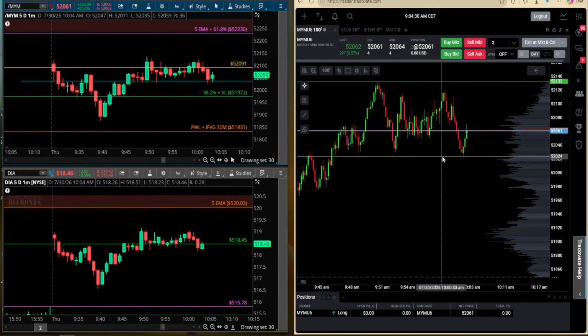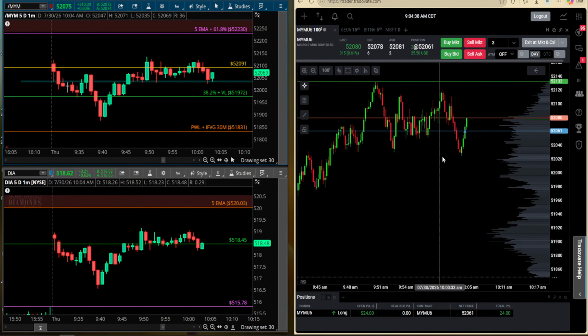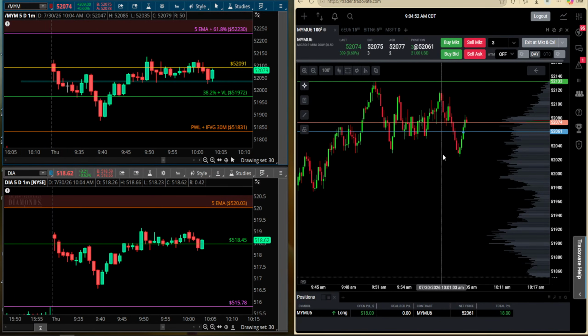I will add if the market breaks the opening range high. So right now I only took a small lot size, because we are still trading sideways in this range. This is going to be a continuation, and if the market continues to trade above this point of control, then I will add. If not, my stop is around 52,020.